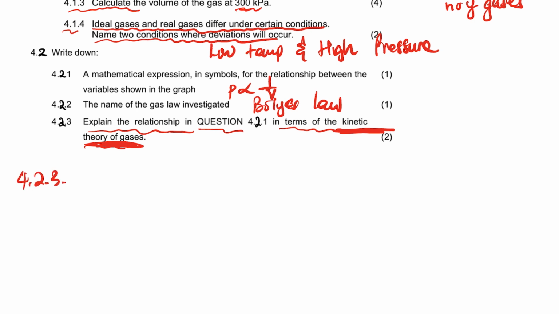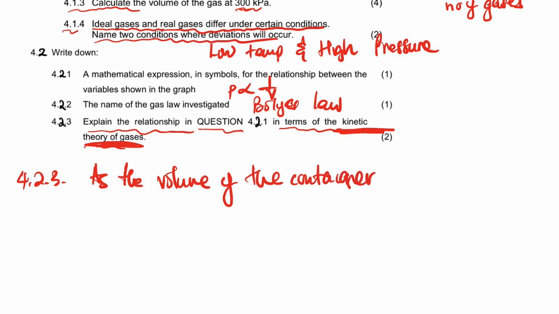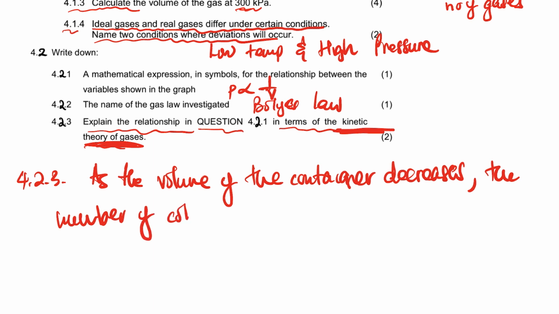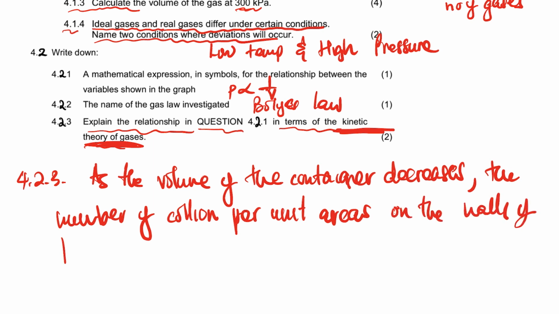So when you explain it in terms of KMT, you will say as the volume of the container decreases, the number of collisions per unit area on the walls of the container increases.